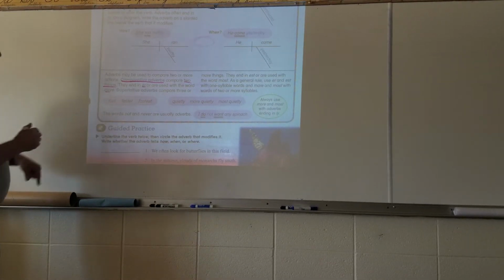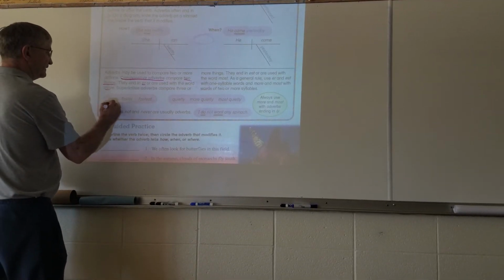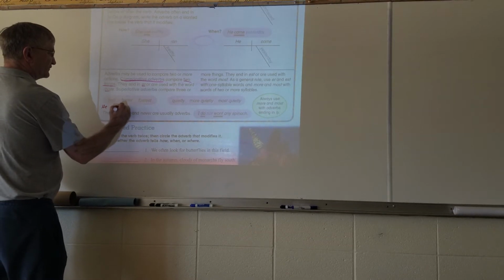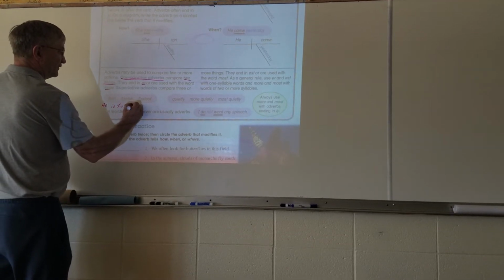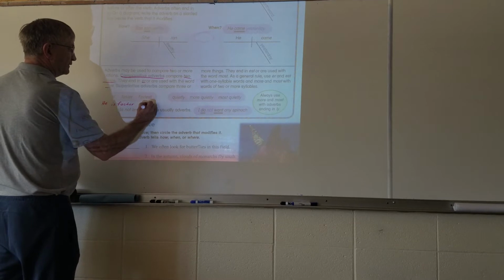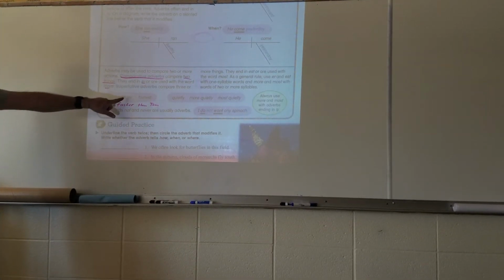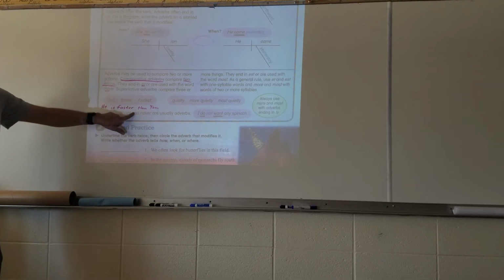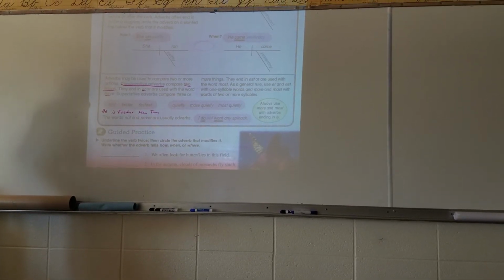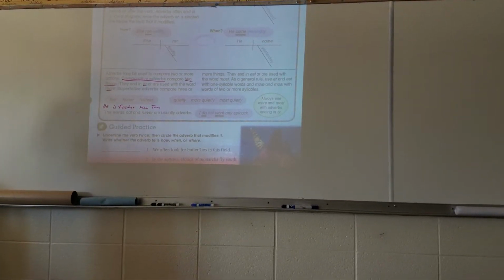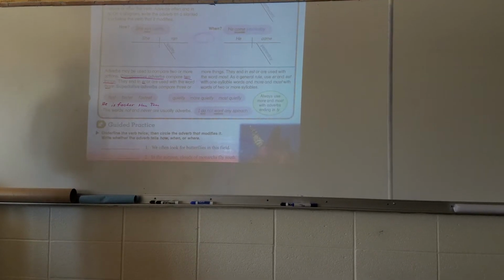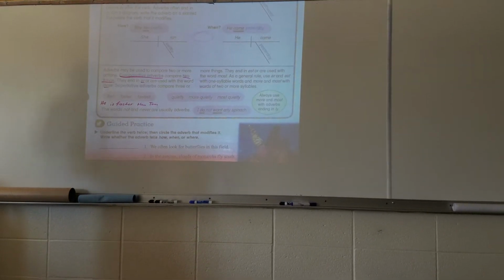All right, so in comparative, we have things with er, so faster. He is faster than Tom. So that means I made a comparison of faster to Tom. So this is a comparison degree. All right. The est is used as a superlative to compare 3 or more things.